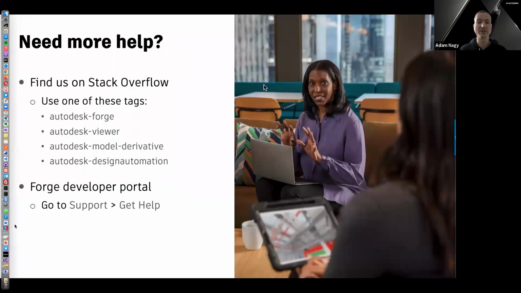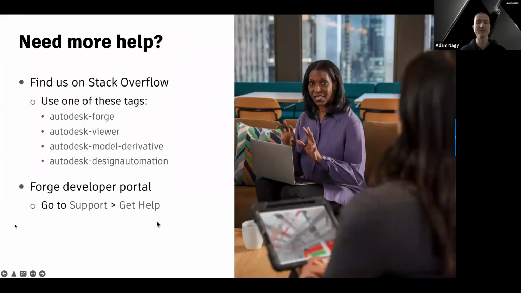It will end up in the exact same support system with the exact same people looking at your question as if you post it on Stack Overflow. So the only difference between the two solutions, asking something on Stack Overflow or sending an email directly to forge.help@autodesk.com, is that one is in public, the other is in private, but the same set of people will be answering your question.